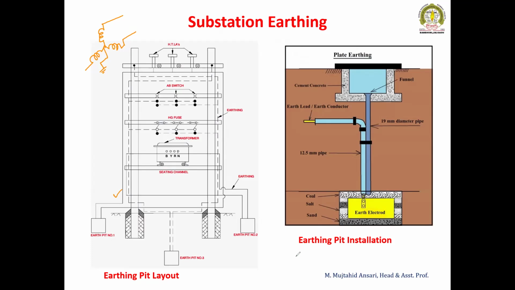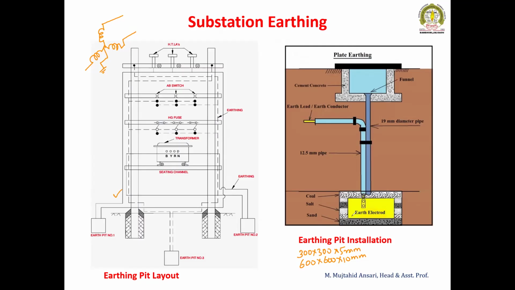It has different standard sizes. It may be 300 by 300 by 5 mm, or a 600 by 600 plate size, with a thickness of 6 or 10 mm. It is buried 3 to 4 feet deep and filled with coal and salt, as generally used earlier.